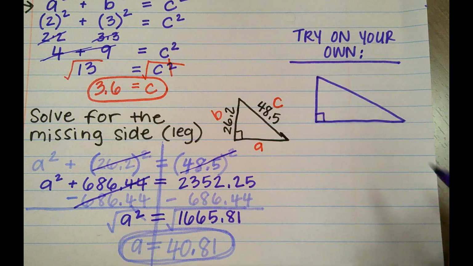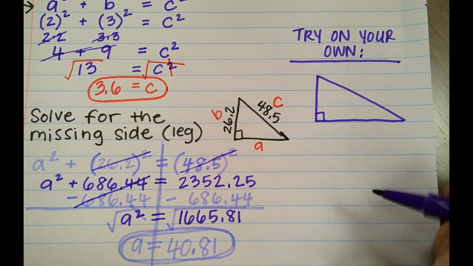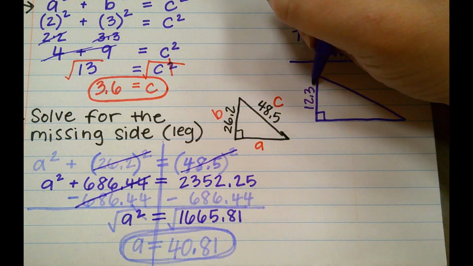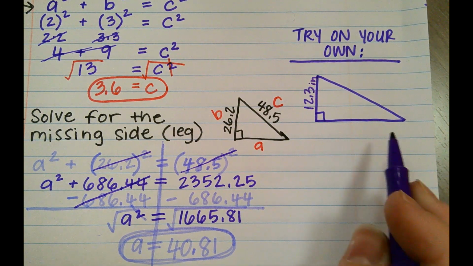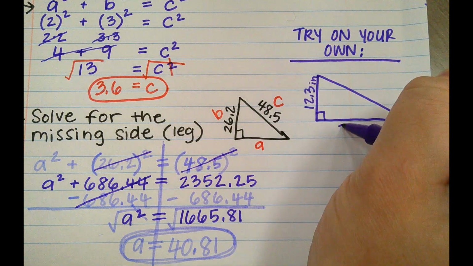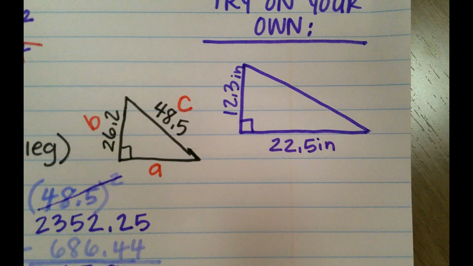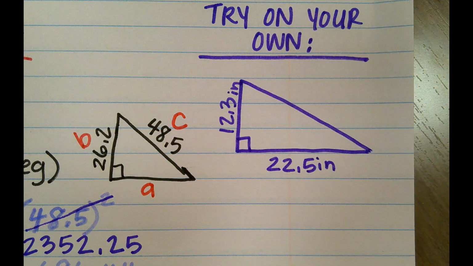Let's say 12.3 inches here. Down here, you will have 22.5 inches. So I want you to solve for the missing side. Okay. And I will pause that. I'm going to run copies of what your exit ticket will be, and I will be right back.